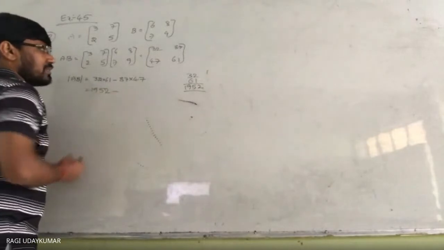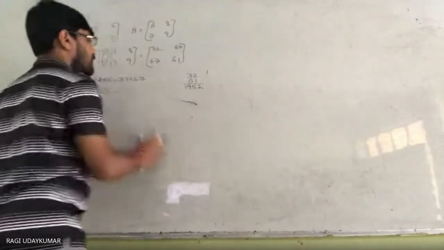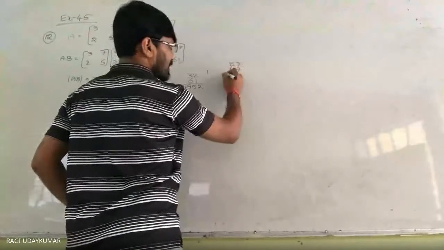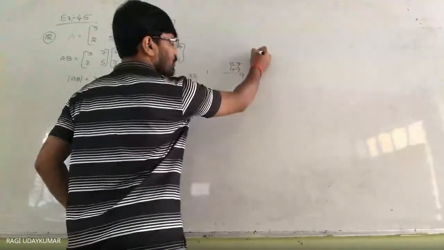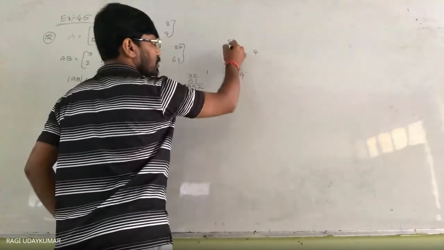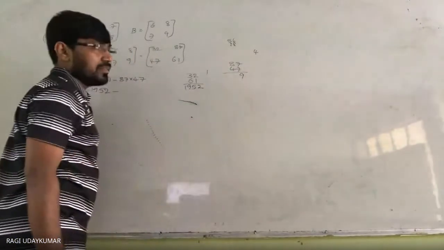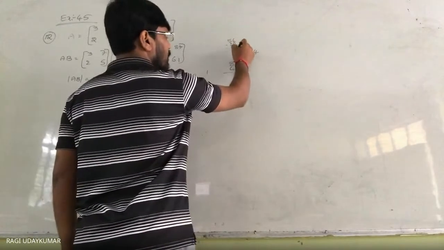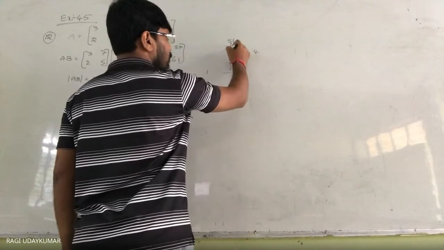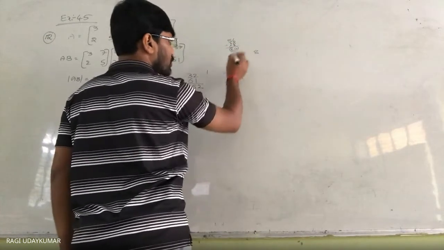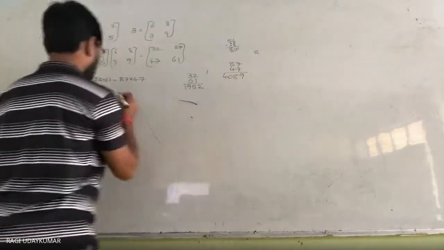1952 minus 87 into 47. 7 sevens are 49, 4 carry. 8 sevens are 56, 7 fours are 28. These two add: 56 plus 28 is 84, plus 4 is 88, so 8 carry over. 8 fours are 32. 4089 we are getting.